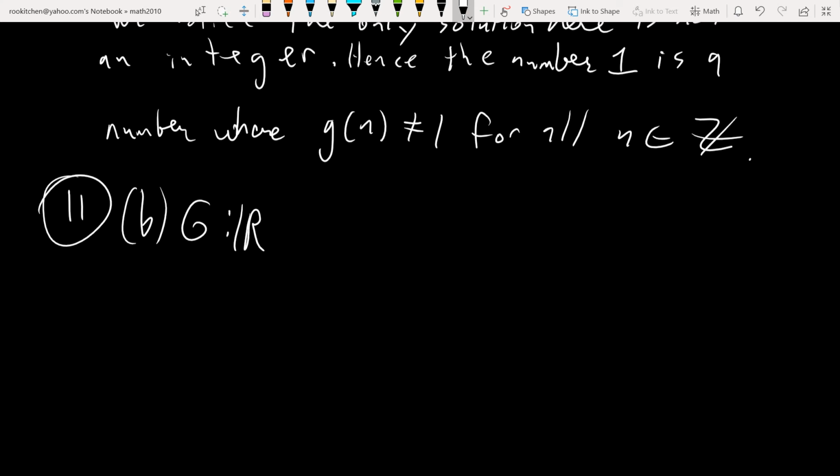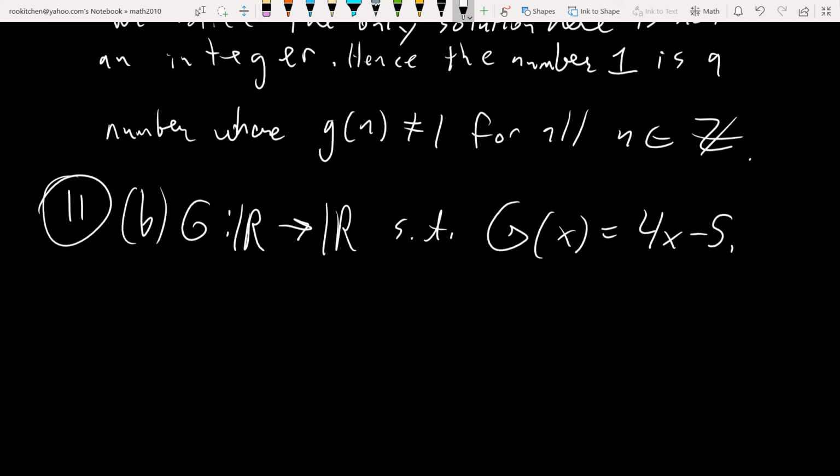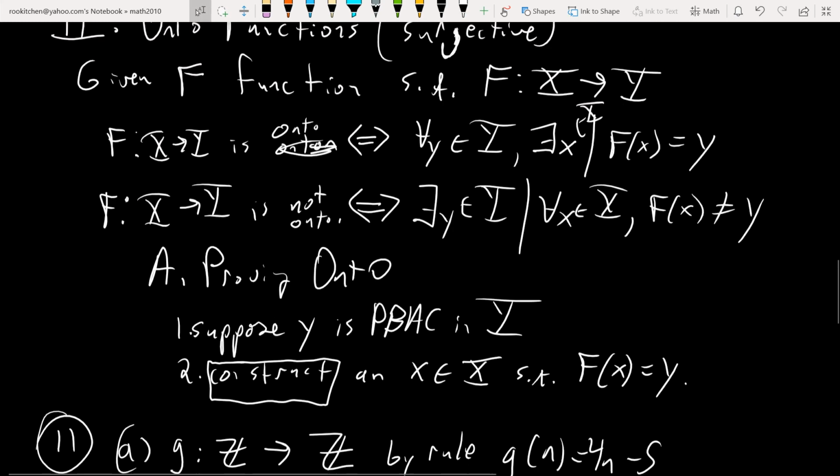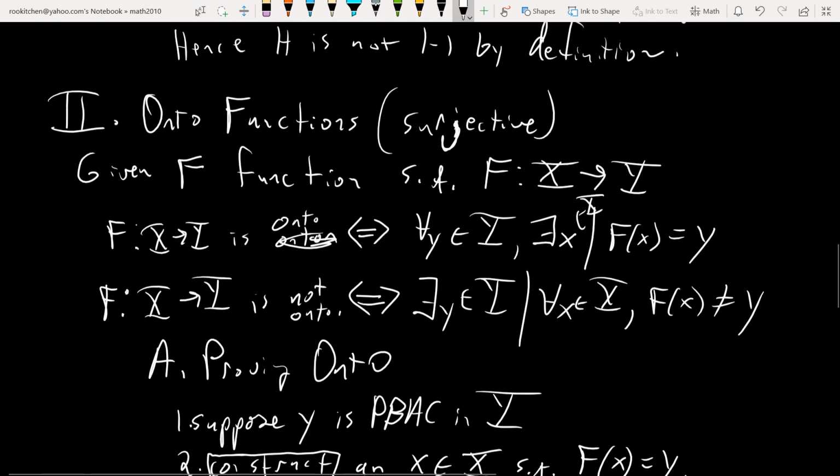So anyways, you have this function going from the set of reals to the set of reals, defined by this formula g of x equals 4x minus 5. We want to show that this thing is onto. Okay, so show g is onto. Going back to our working definition, what do we have to do here?